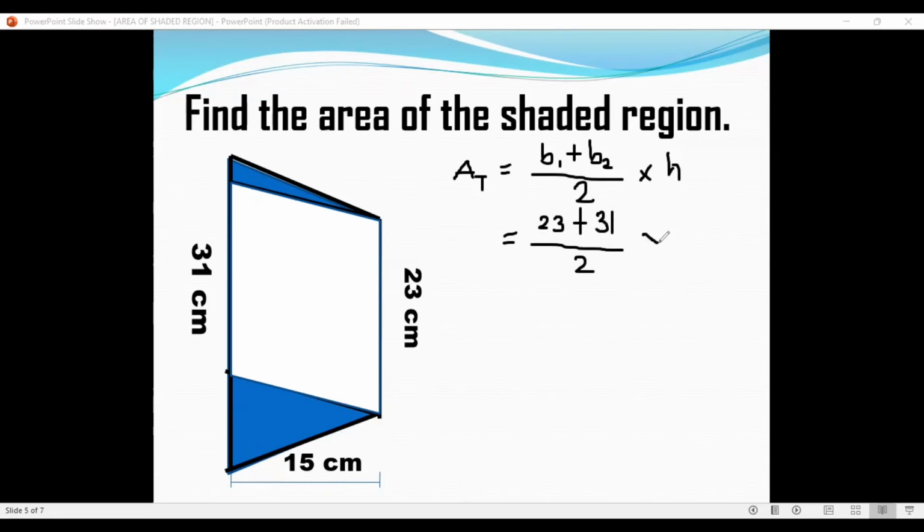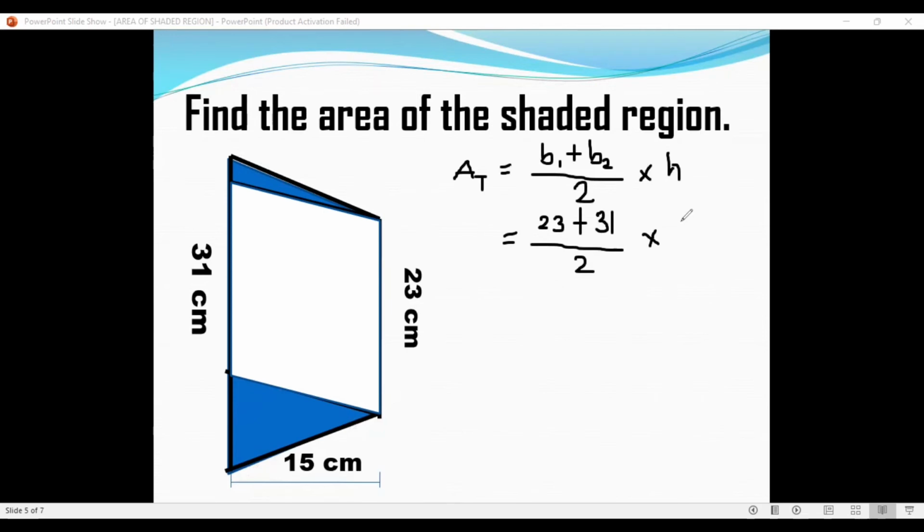That's the same result that we are getting. And then the height, always remember that the h pertains to the distance between the two parallel sides. It's not the slanting line, but the distance between the parallel sides or the bases.